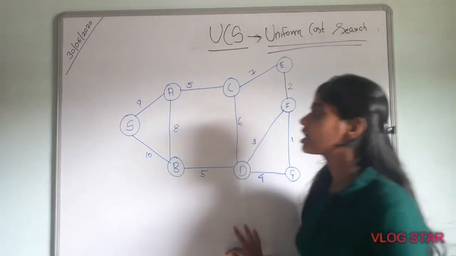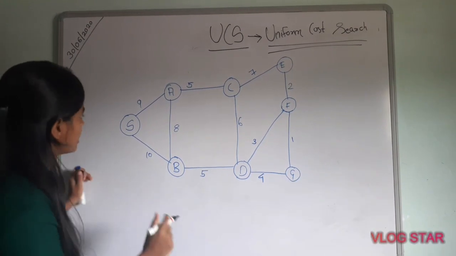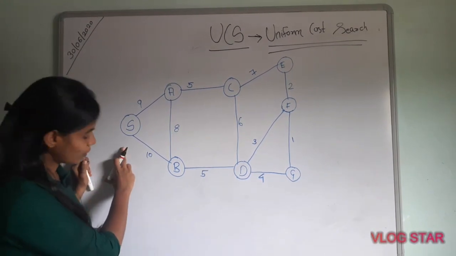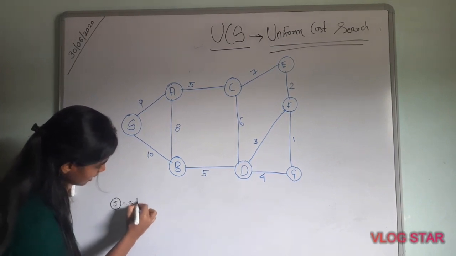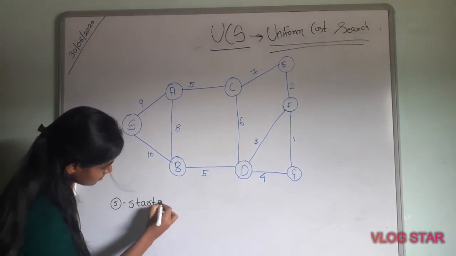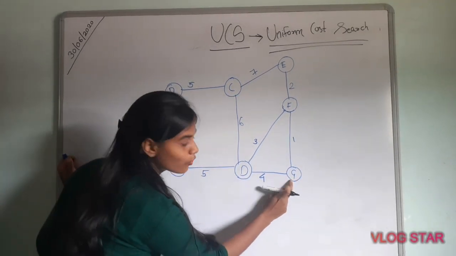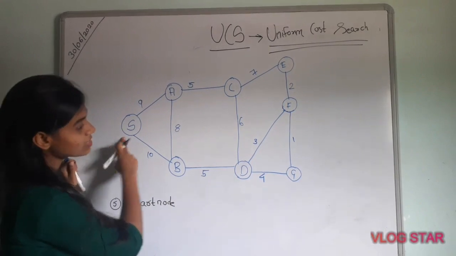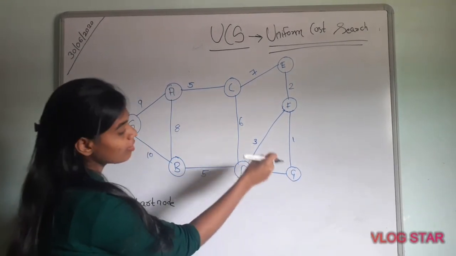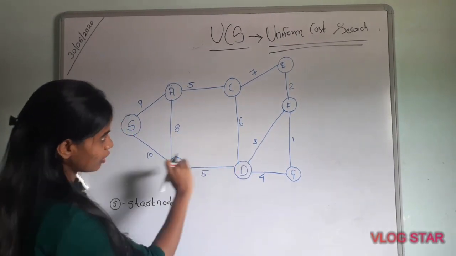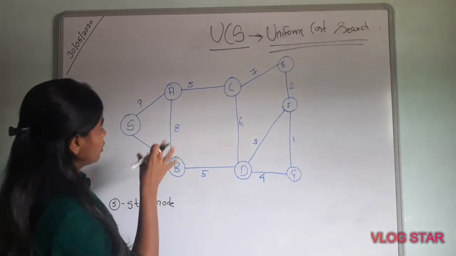So let's start. S is the start node, and here is G, our goal node. We have to start from S and reach G through any path, and we have to find the cheapest path among these. That is the answer we get from uniform cost search.